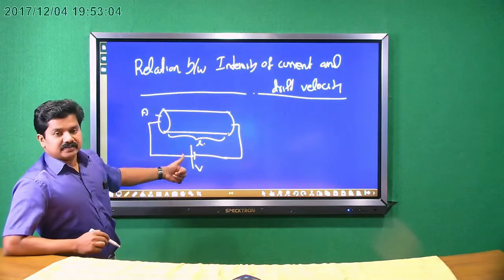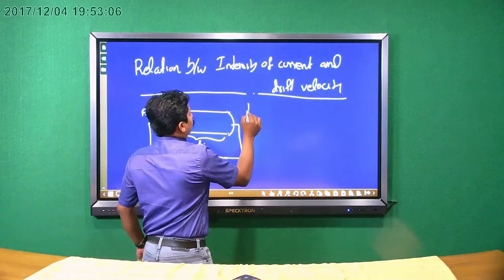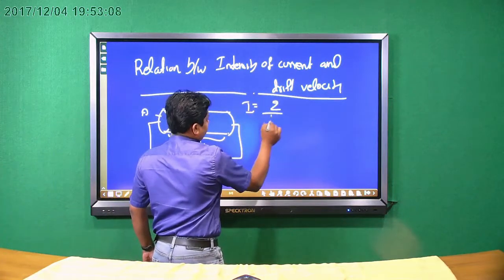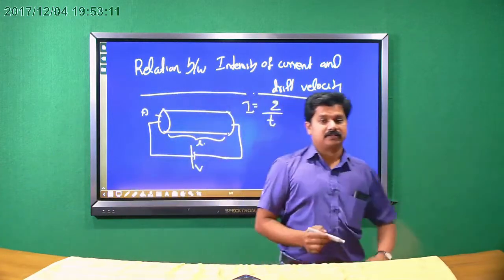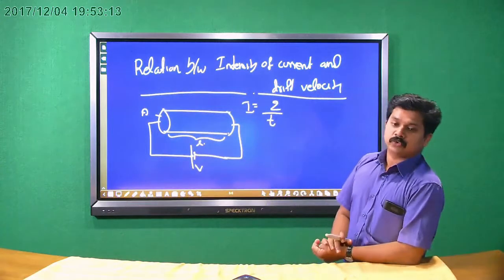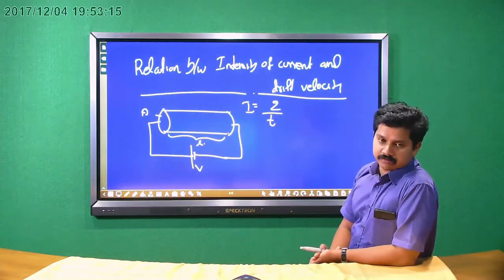We know the intensity of the current means I equal to Q by t. Q is the total charge, that is the total charge flowing in unit time, crossing the conductor in unit time.